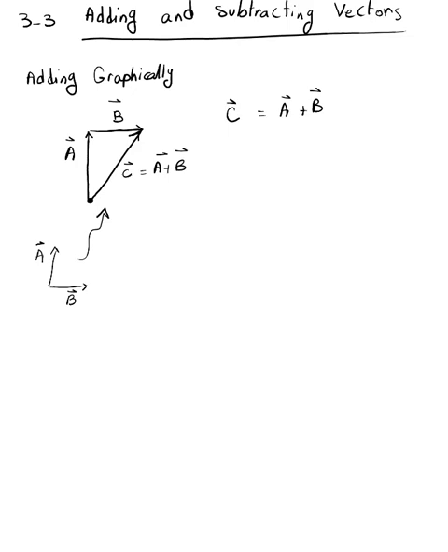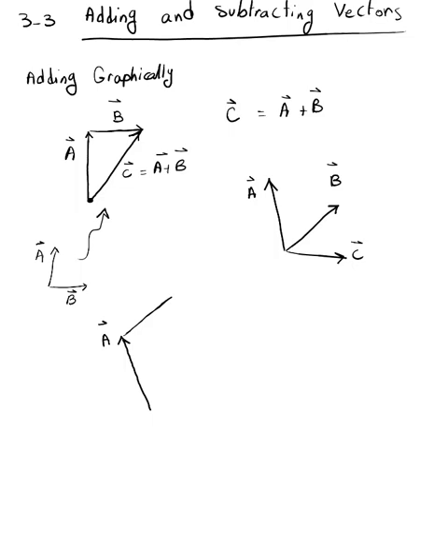Another example. If you have A, B, and then C, we are going to start with A. Then we are going to place the tail of B at the head of A, but with exactly the same direction.